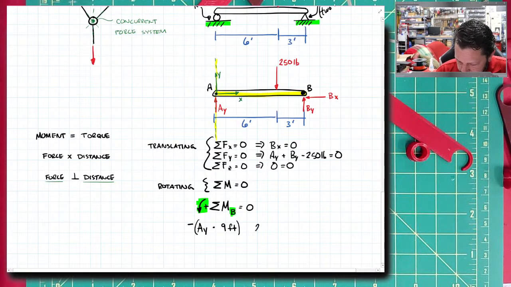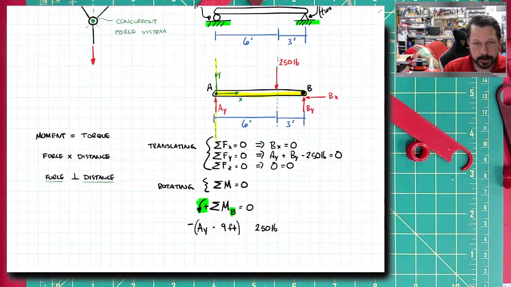All right. The 250 pounds also has a vertical line of action. It has a moment arm. That's what you'd call the distance when the distance is perpendicular to the force, remember that? That distance is called a moment arm. So it has a moment arm of just 3 feet. So I take the 250 times 3 feet.